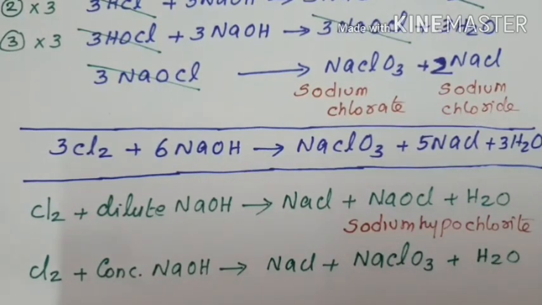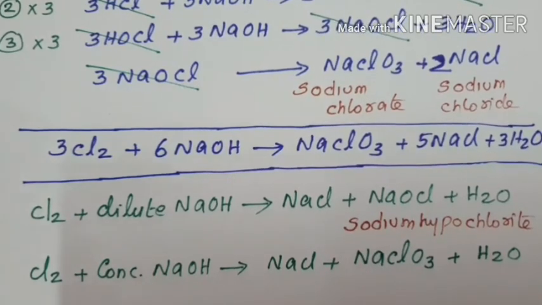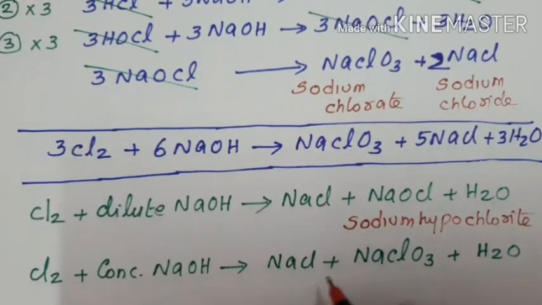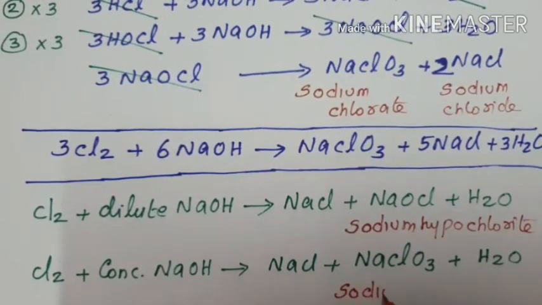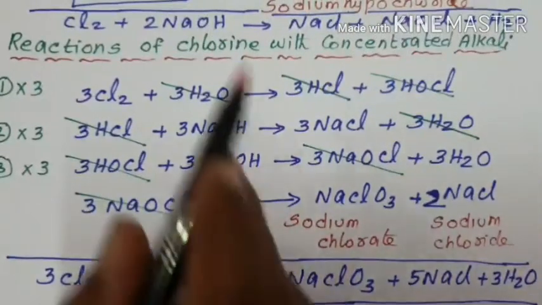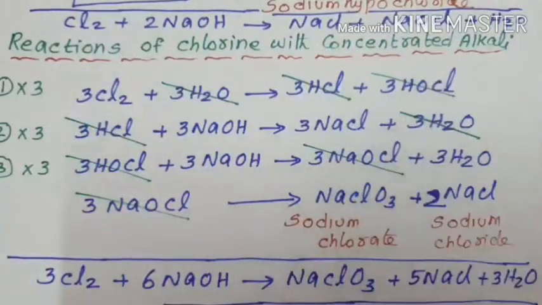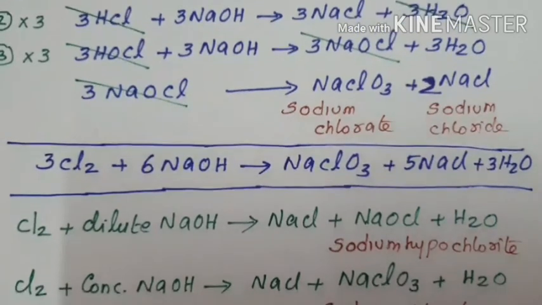With the concentrated alkali, chlorine gives sodium chloride and sodium chlorate. So this is the reaction of chlorine with dilute NaOH, our first reaction, and also with the concentrated alkali, second reaction.